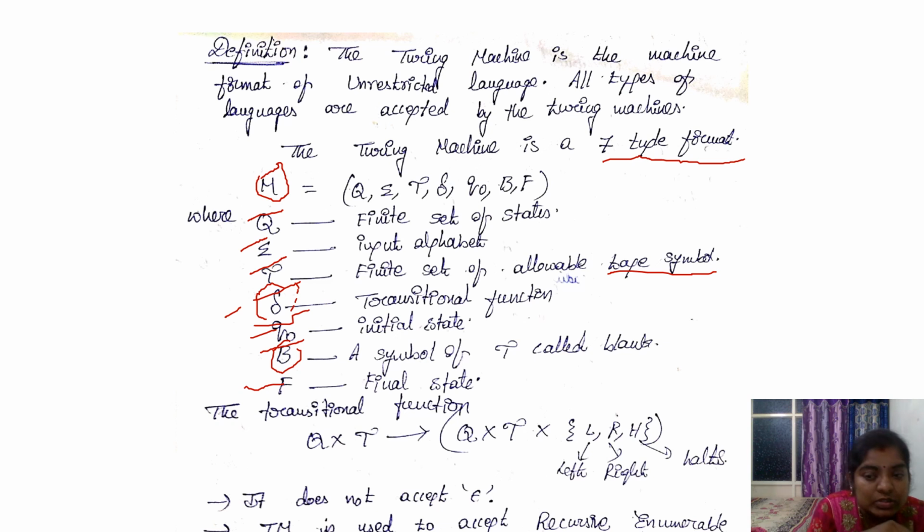The starting of that particular input string as well as the ending of that input string is marked with blank symbols. Those can be treated as end markers of the given input string, and that can be treated as B. That's why the Turing machine is a 7-tuple format: Q, sigma, tau, del, Q0, B as well as F.